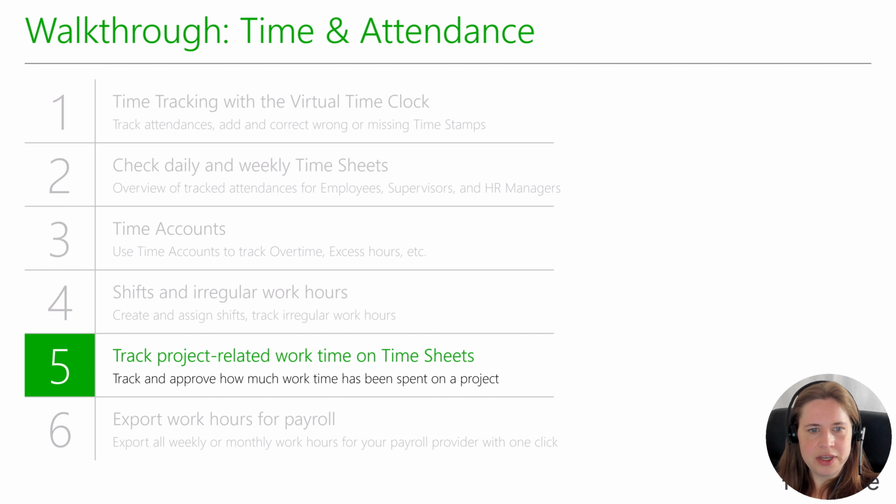This can also be done inside the HR solution by using the timesheets and creating processes for a certain project you want to track. The employee can then add the amount of work time that they spent within this project, and you can approve it so it is then processed further, for example, for your customer. Let me show you how this works in the HR solution.